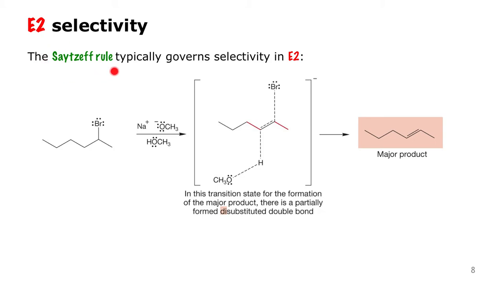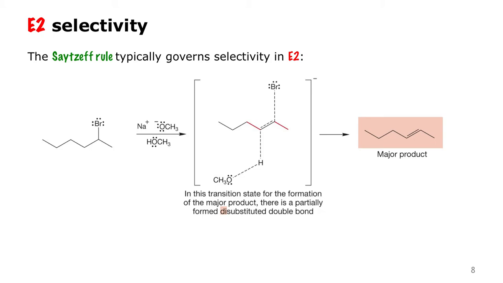The Zaitsev rule, as Zaitsev stated it at the end of the 19th century, was that there was a preference for deprotonation of the substrates at the carbon that bore fewer hydrogen substituents. And if we draw out where the hydrogens are that can react in this substrate, let's look at this 2-bromohexane.